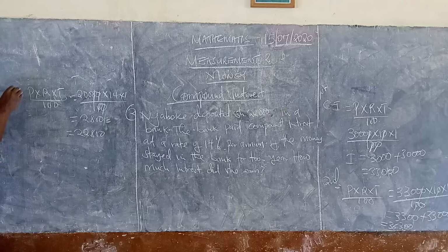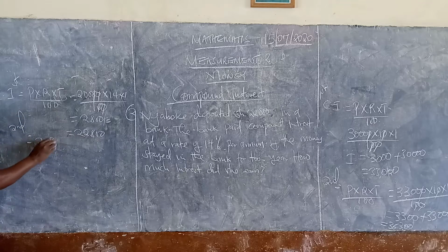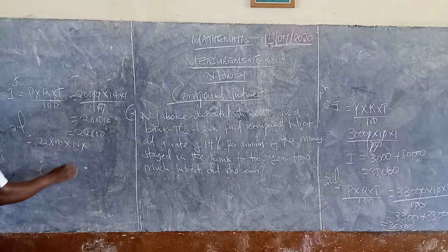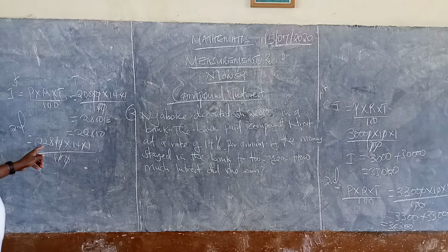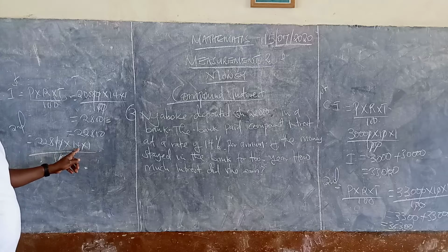Now this is at the beginning of the second year. So again, now that was first. So second, again we have our principal is now 22,800 multiplied by our rate is 14 multiplied by 1 out of 100. 0 and 0, 0 and 0. So we have 228 multiplied by 14.